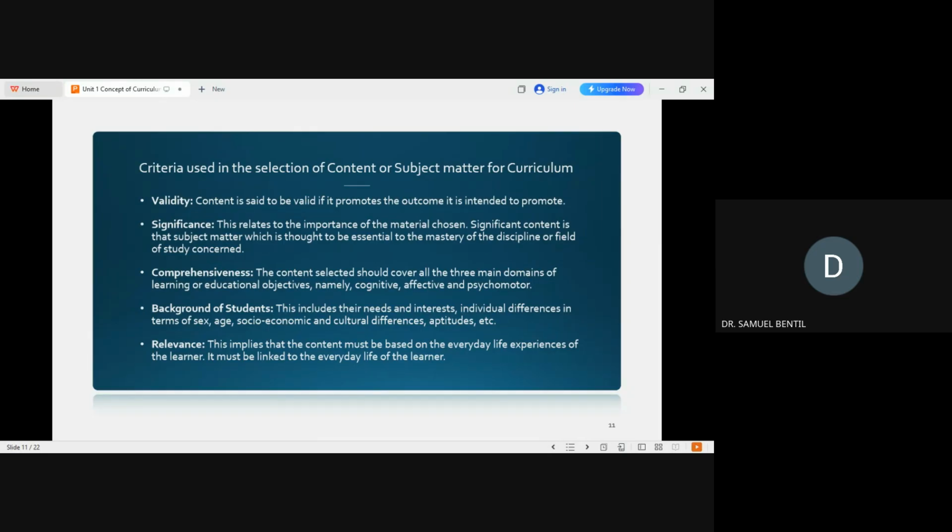And that's what we mean by principle. So you don't just stand up and start selecting a subject or course or any content for learners to do. You must be guided by certain criteria or certain principles.